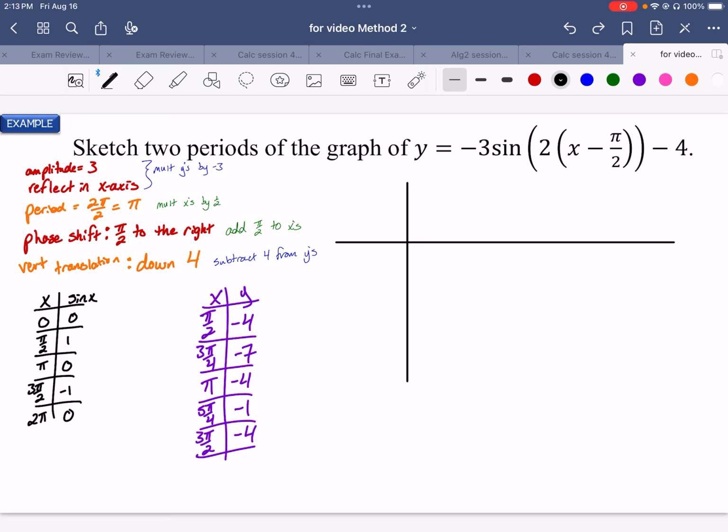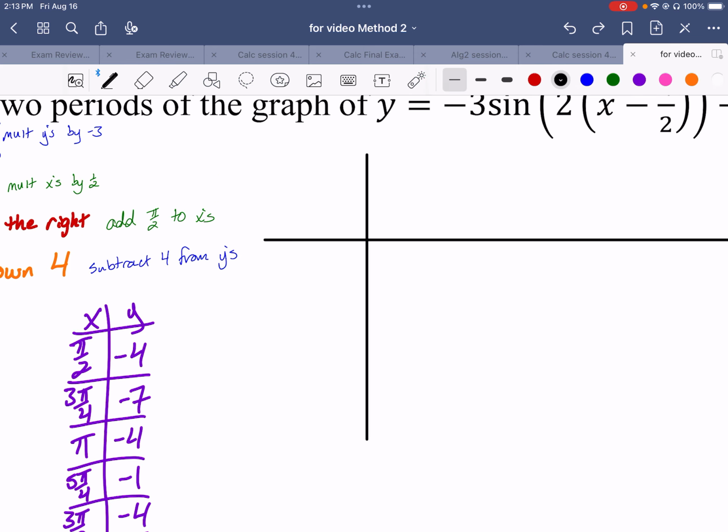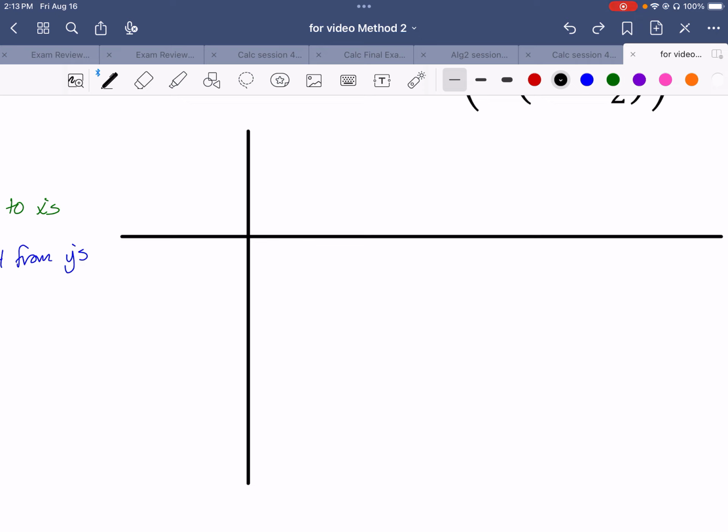Now for the scale, I notice that I have to start at pi over 2 and go to 3 pi over 2. That's not that much distance. I do have to do 2 periods, however. From pi over 2 to 3 pi over 4 is just a distance of pi over 4, so I'm going to make every little grid line be pi over 4. Let's just do a bunch of tick marks here.